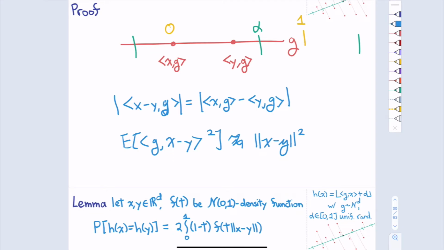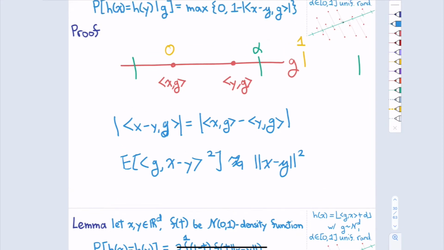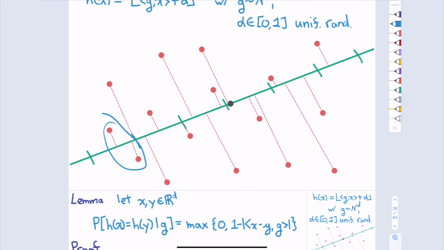The difference is that for the sake of efficiency, we only projected onto one Gaussian, whereas last time we projected onto logarithmically many Gaussians and then took the average, so they definitely preserve the length with very high probability.